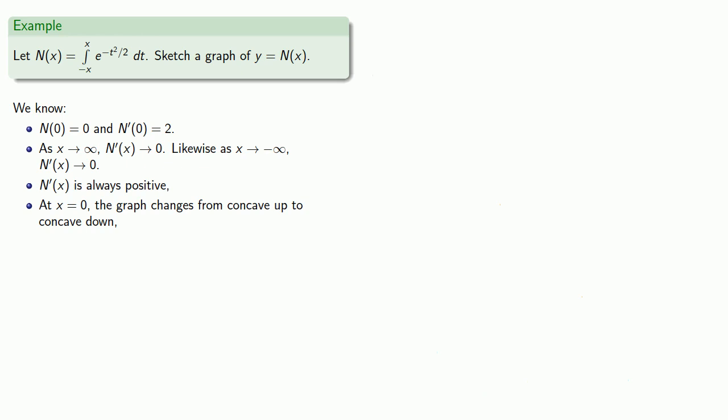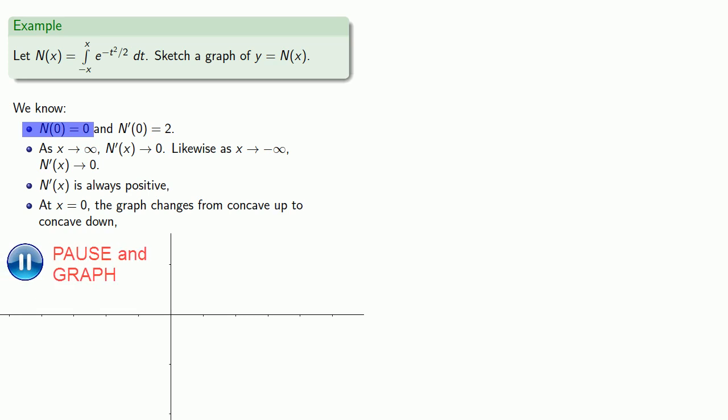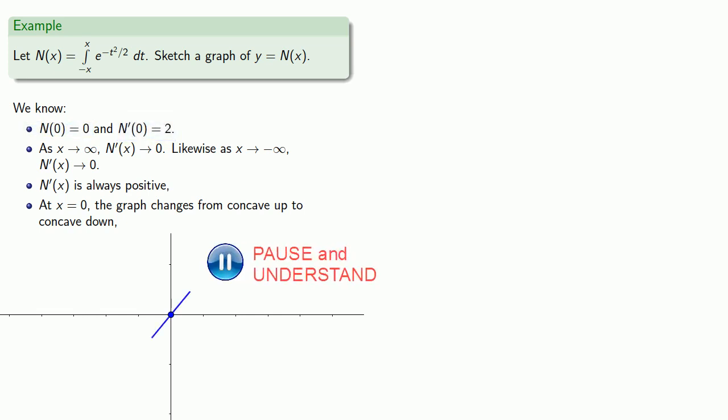So let's put all of these pieces together. First of all, we know that the graph goes through the origin, and the slope of the line tangent to the graph at that point is 2, so the tangent line looks something like this. If we go way off to the right, our slopes are getting close to 0, so our tangent lines look horizontal.